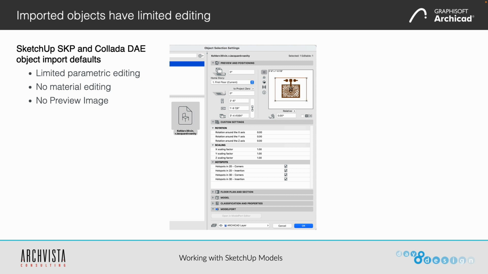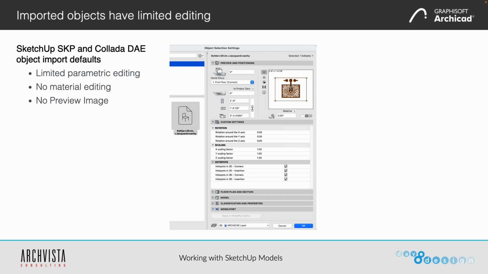I put that on there because if you've ever downloaded an object from 3D Warehouse, and there are other resources out there as well that offer this format, Collada DAE is a universal format that is offered in addition to the standard SketchUp SKP format. So oftentimes users will try out both formats to see which one's going to work better. But what I'm going to discuss here is relevant to both.